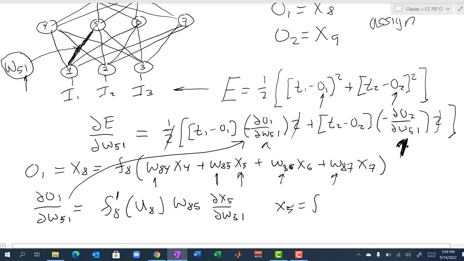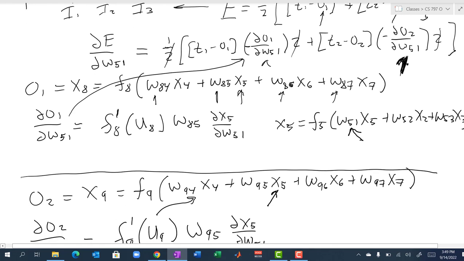So we've got f5 of W51 x1 plus W52 x2 plus W53 x3, and we could have stopped before that because here's W51 that we need to take the derivative of. So in fact now it's easy.